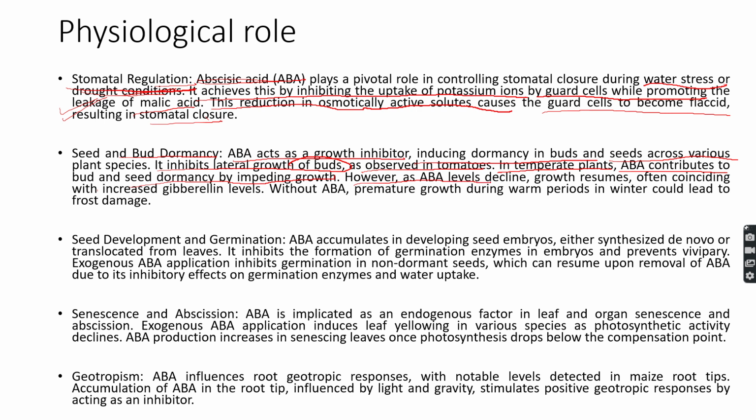However, when ABA levels decline, growth resumes, often coinciding with increased gibberellin levels. That means here ABA is an antagonist to GA. GA inhibits bud and seed dormancy, whereas ABA promotes it.